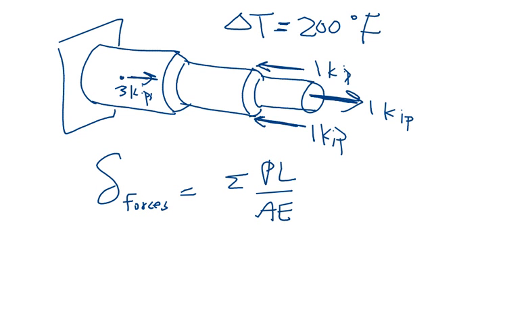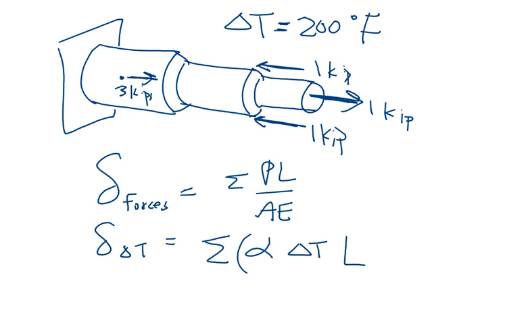But you now also have a temperature change. So your deformation due to delta T is going to be the sum of alpha delta T L. So you're just going to have these 3 extra terms.